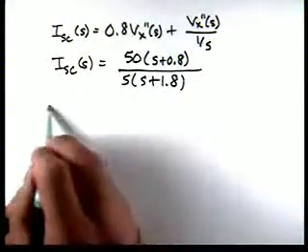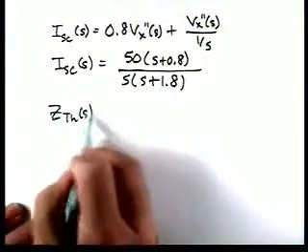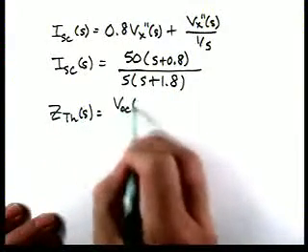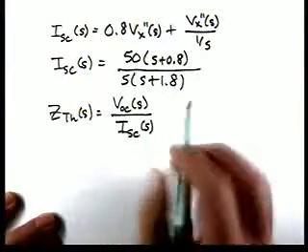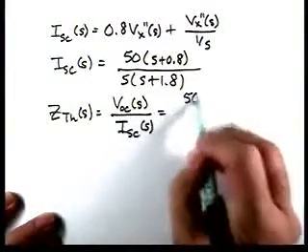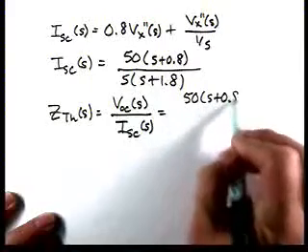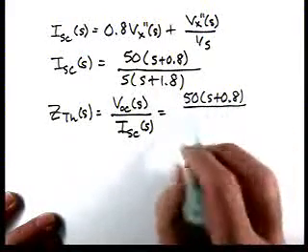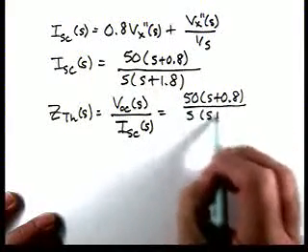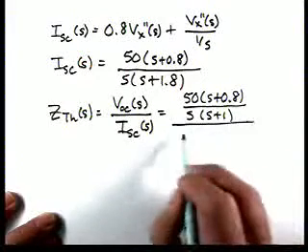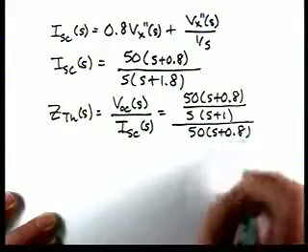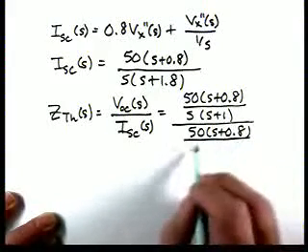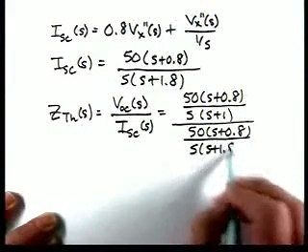So now we can calculate Z Thevenin as a ratio of V open circuit to I short circuit. We have 50 times S plus 0.8 over S times S plus 1, divided by 50 times S plus 0.8 over S times S plus 1.8.